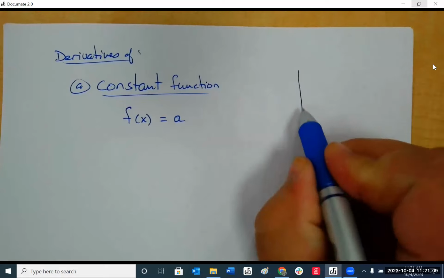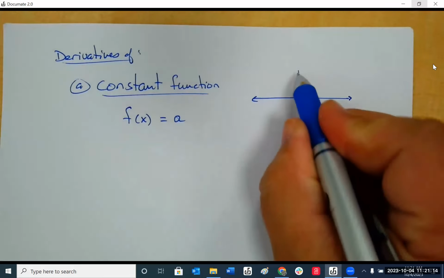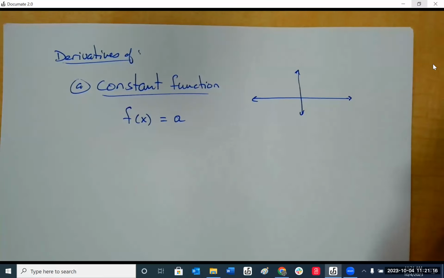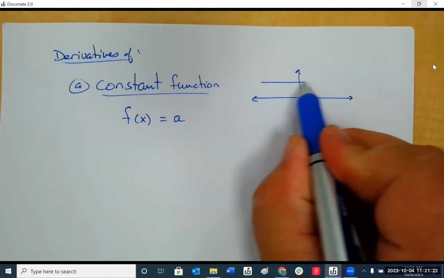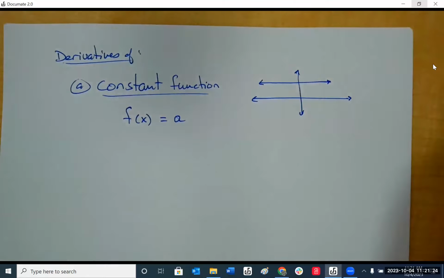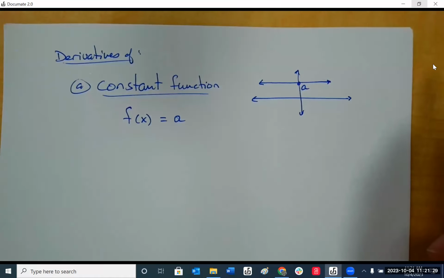Because if we look at the graph of this equation, what does the graph of a constant function look like? It's a horizontal line.